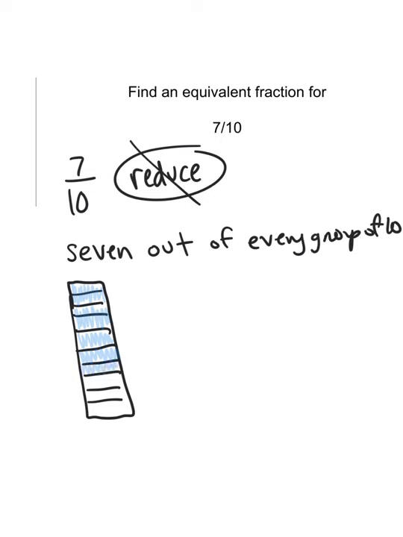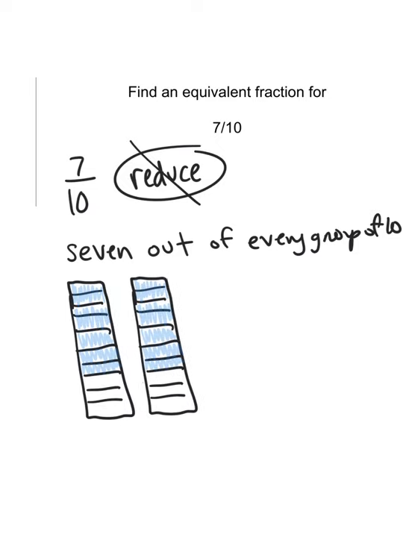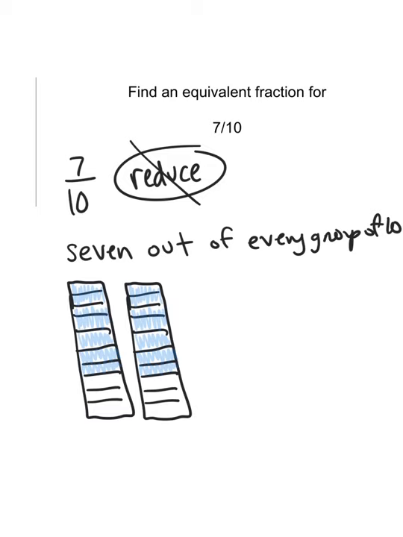Now, if I add another group of 10, now how many do I have all together? Now I have, instead of one group of 10, I have two groups of 10 for a total of 20. And how many of them are shaded? 1, 2, 3, 4, 5, 6, 7, 8, 9, 10, 11, 12, 13, 14 out of 20. So that means that 14 out of 20 is equivalent to 7 out of 10.